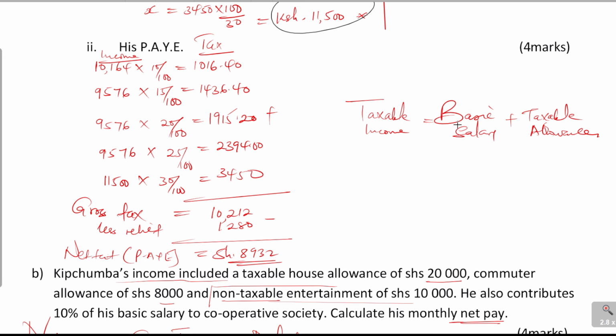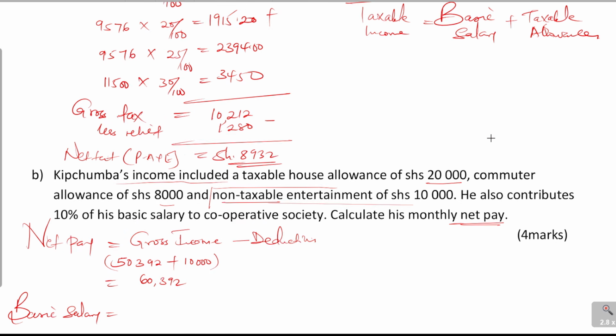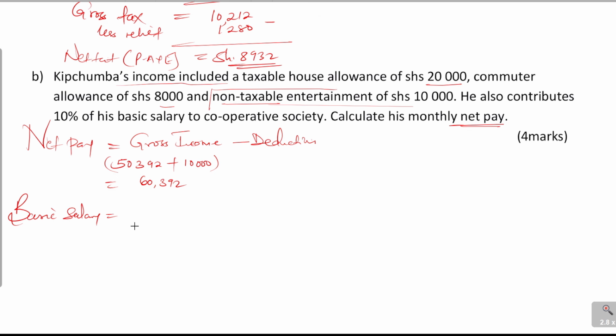So in this case, because you want to get the basic salary, you will take the taxable income and then you less the taxable allowances. So basic salary will be given by taxable income less taxable allowances.